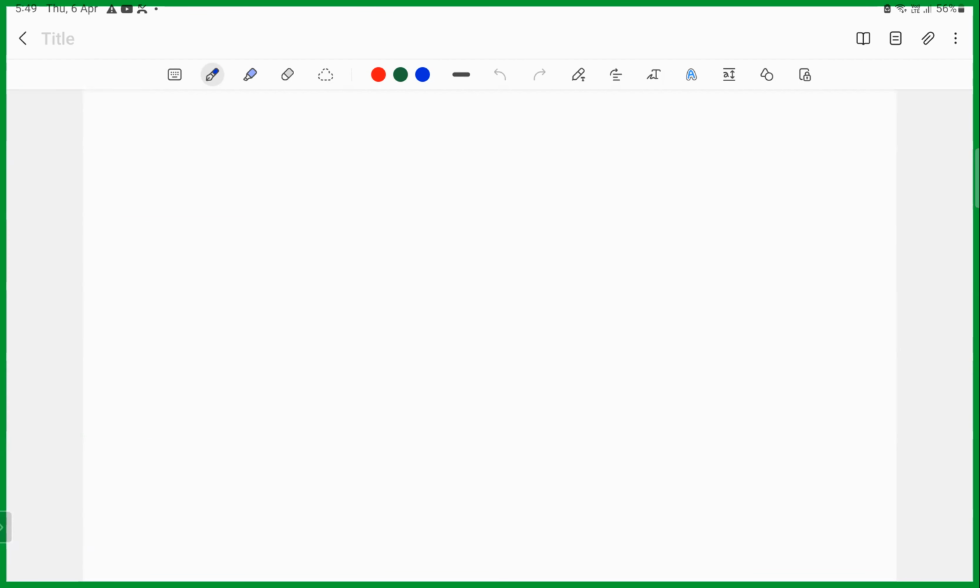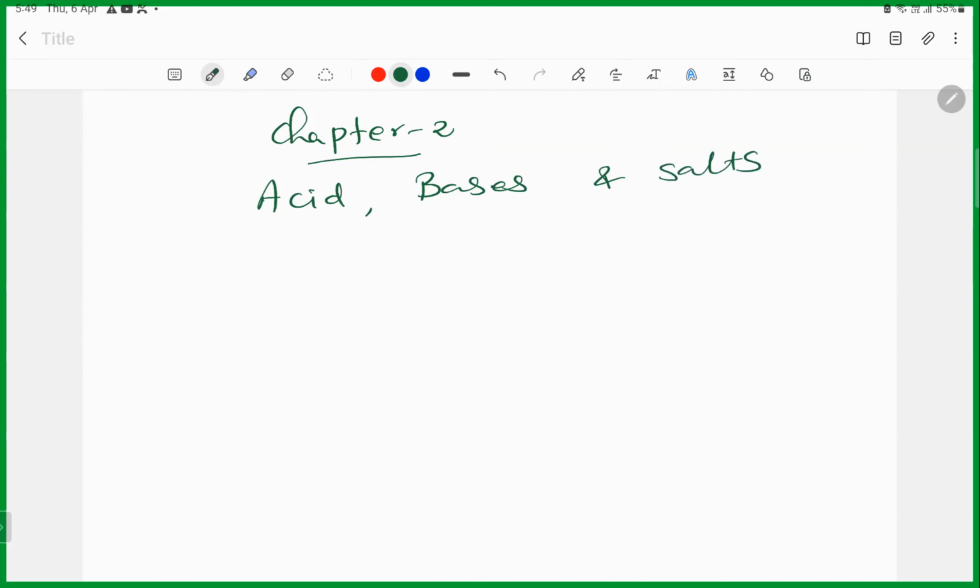So that day we completed the chemical reactions. Today we are going to introduce the new chapter. Chapter 2, that is acids, bases and salts. First, we must understand what is acid, what is base, and what is salt.